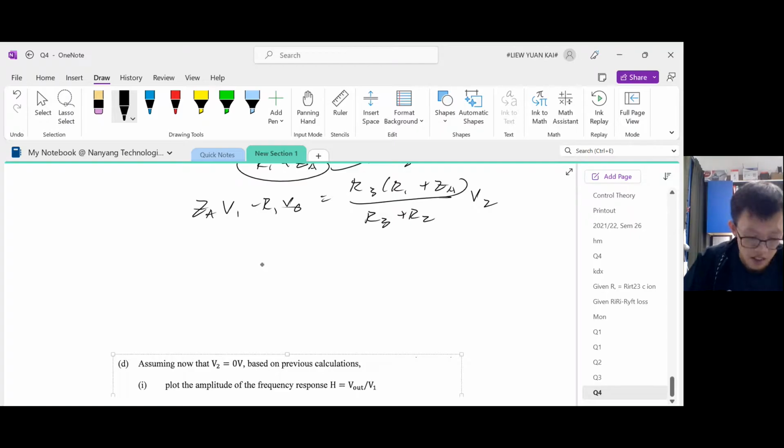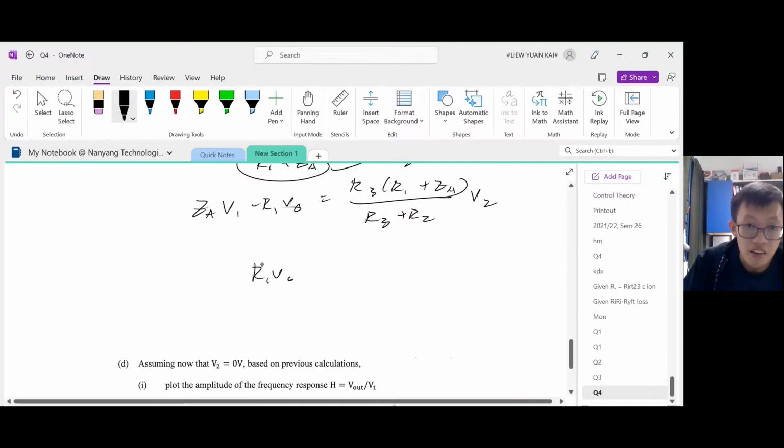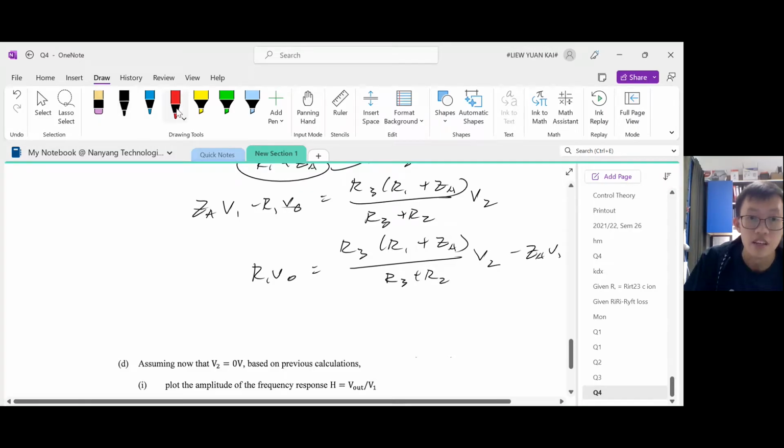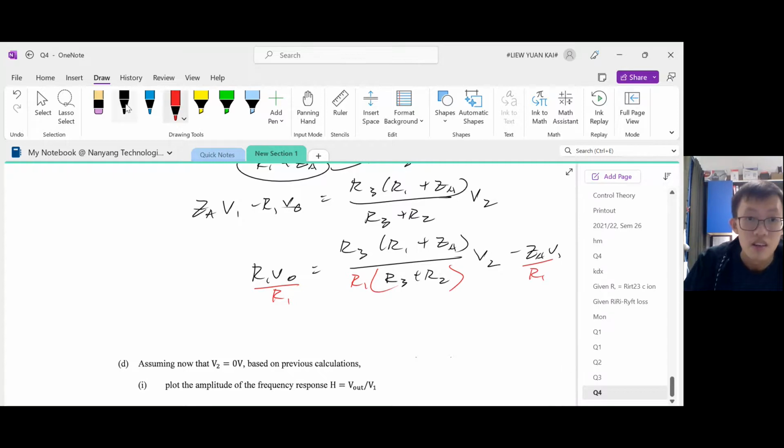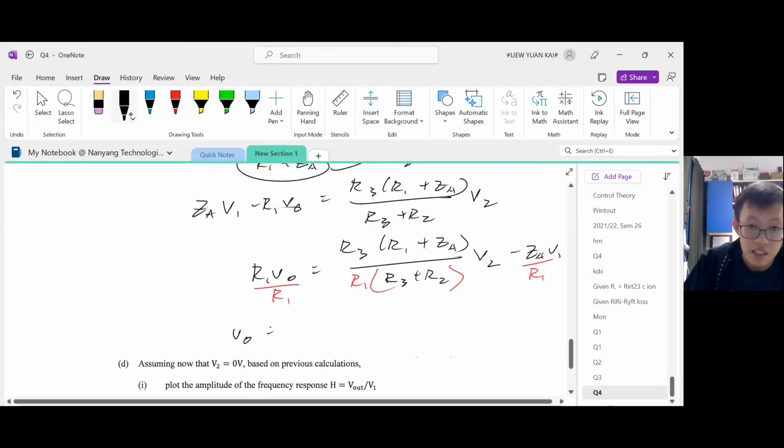You shall obtain R1 V out equals R3 R1 plus. Okay, then divide everything by R1 to get rid of this. So divide by R1, divided by R1, divide by R1. Then we finally get this.